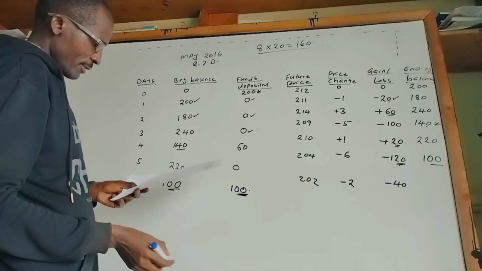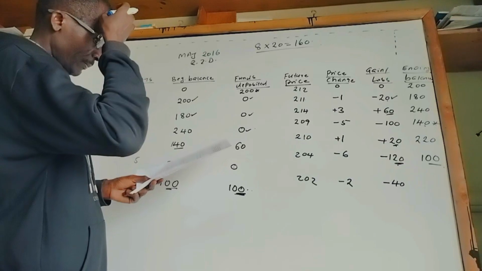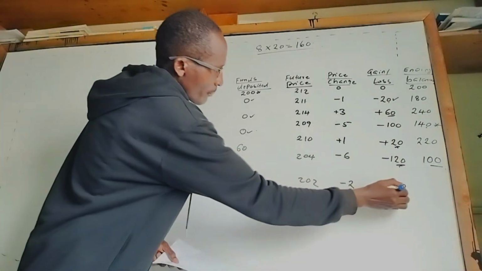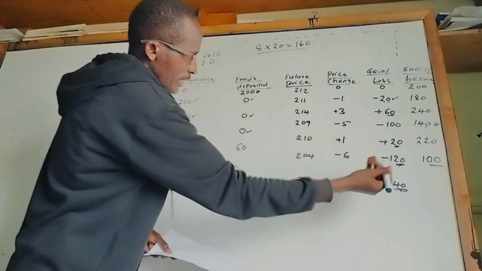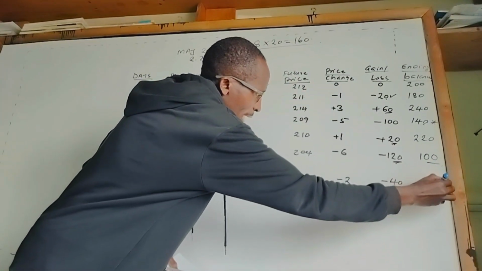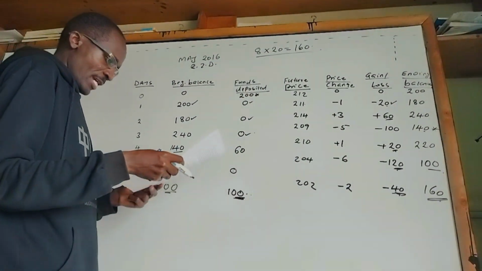Then, because you have 200, you less this 40, a negative 40. So 200 minus 40 is 160. So that is how you could have done that question.